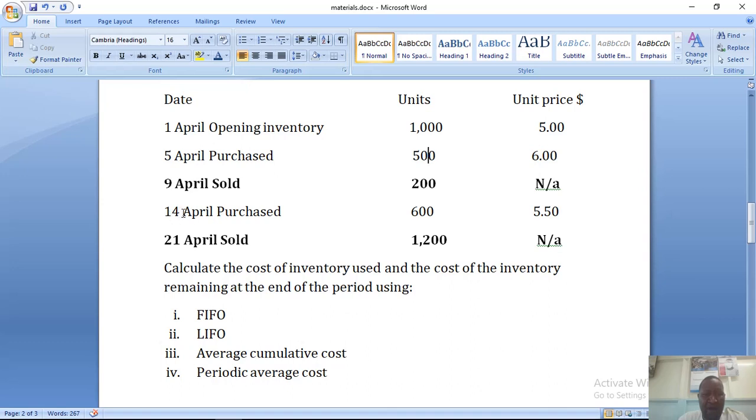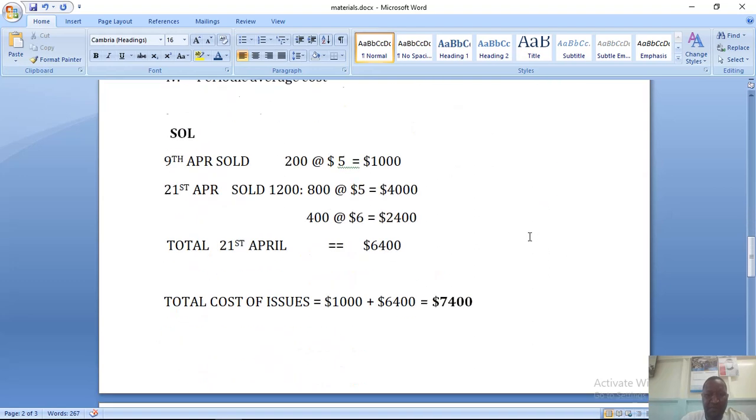Plus the units received on the 14th of April, that's the 600 units. We've not touched this consignment under FIFO. So the closing inventory is 100 units at $6 per unit, plus the 600 units at $5.5 per unit.